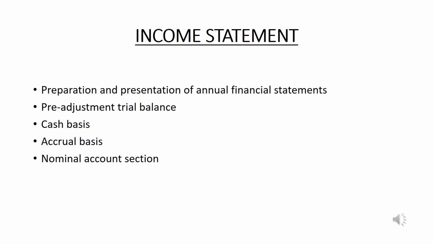By cash basis, we are looking at a basis that allows us to record a transaction or make an entry in our financial statements, or in the income statement to be more precise, if that transaction is a cash transaction. For example, we sold goods for cash, then we record it as cash sales. That is a cash transaction.